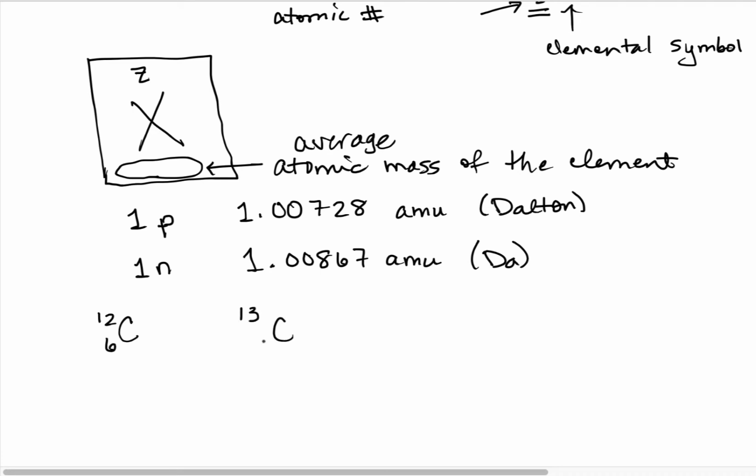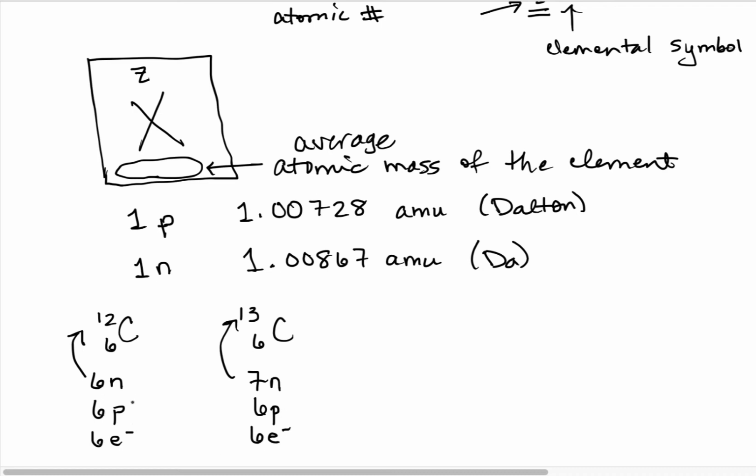Both of them have an atomic number of 6. And if we have carbon 12, the mass number tells us that we have 6 neutrons, because 6 plus 6 is 12, so 6 protons and 6 electrons. And this mass number tells us that we have 1 extra neutron here, but we still have 6 protons and 6 electrons.